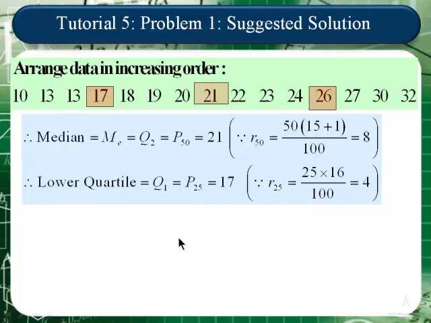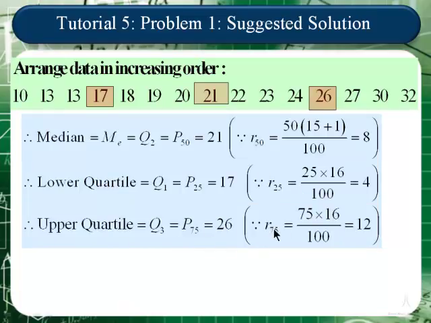While 26 is the upper quartile, and I've worked out the rank. I challenge you to use that alternative rank formula to recalculate this. There may be slight differences, but it really is not that important. So here I've calculated the rank, and I find that it's 12, so therefore that is the upper quartile.